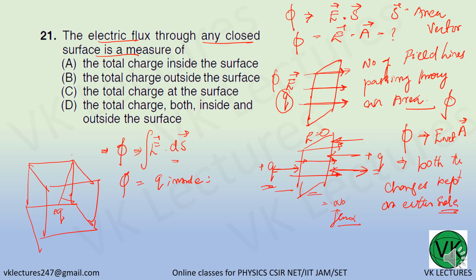Now suppose I have placed another charge outside, then total flux phi will be equal to integral E bar dot ds bar plus integral, let me write this as E1, this is q1, this is q2, plus integral E2 bar dot ds bar.